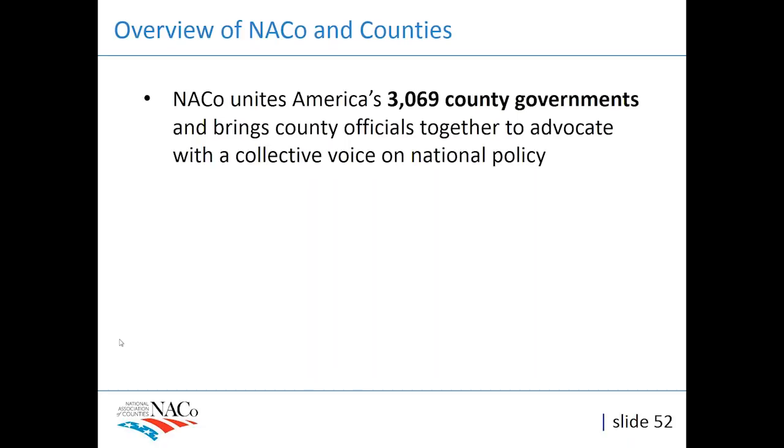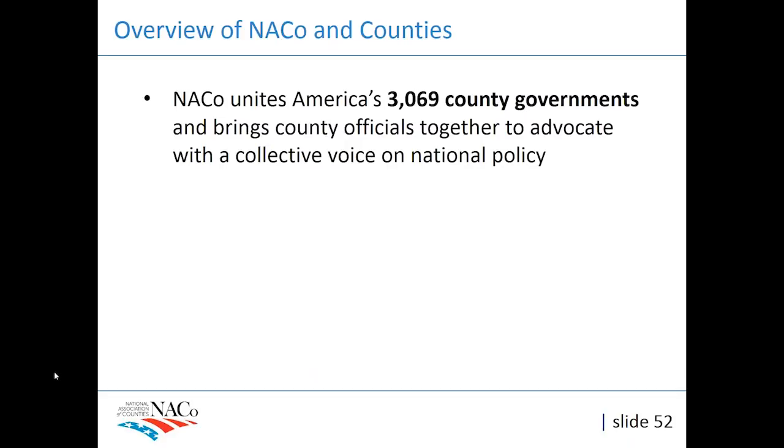Most people around the country have heard of counties, but what we often find is that county government is not understood very well. When we think about counties, we like to point out that half of the country's population lives in 120 of the largest counties, like LA County, San Diego County, Dallas County, with populations over 500,000.